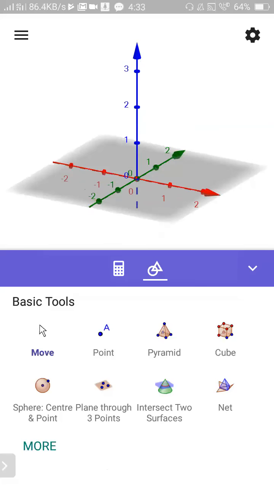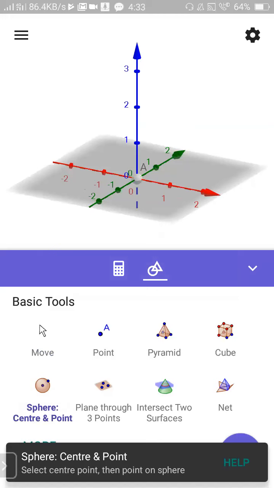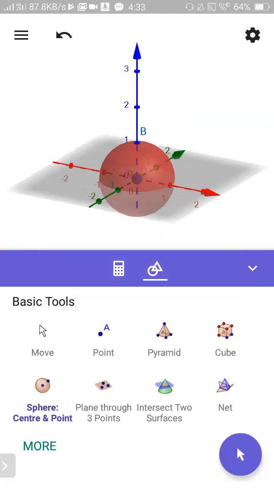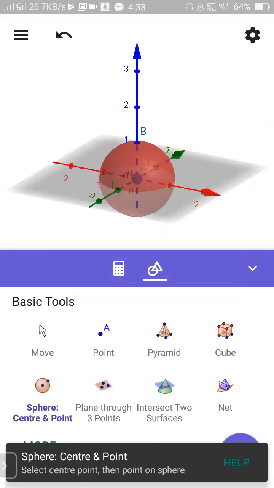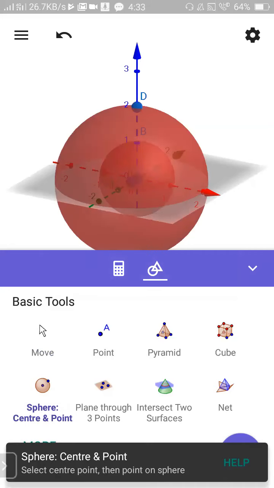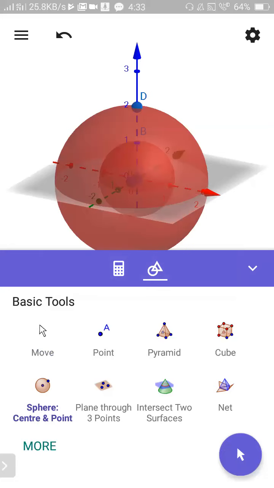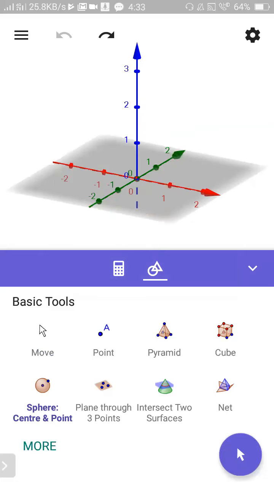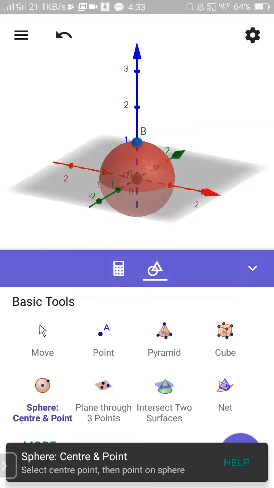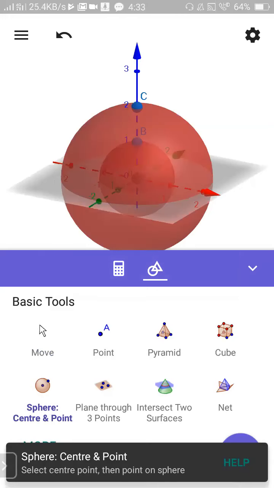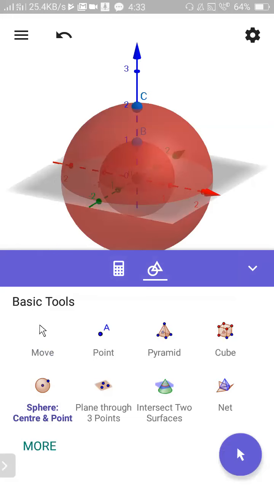I will draw the sphere. This is a sphere of radius, say, 1. Next I will draw the sphere of radius 2. Now I have two spheres.